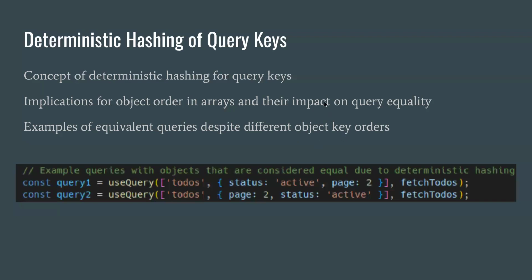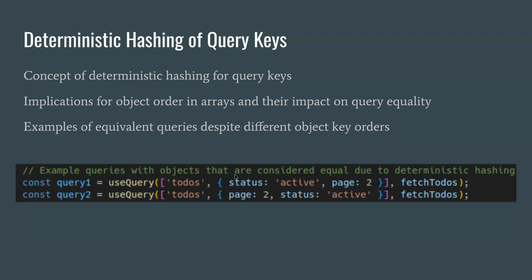So this property ensures consistent behavior in caching and retrieving data, regardless of any minor variation in how query keys are structured. So this is an example.